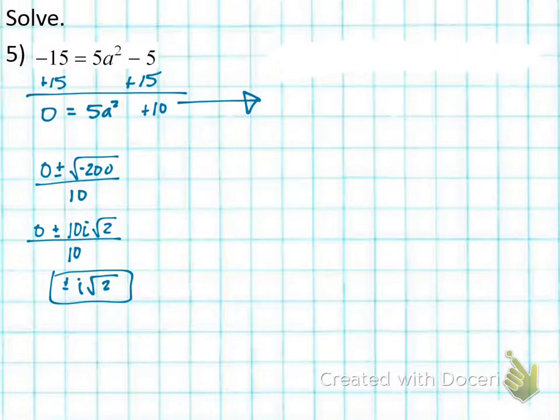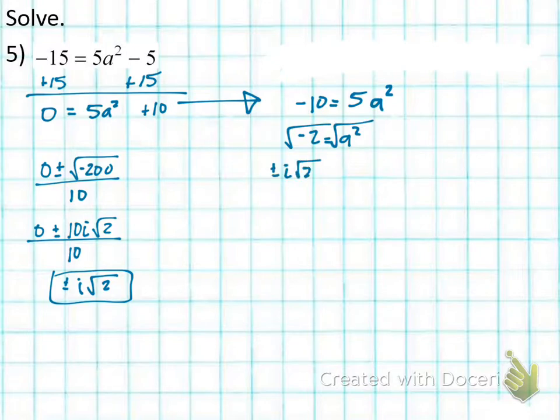So I would subtract 10, so it's going to be negative 10 is equal to 5a squared. Divide by 5, so it's going to be negative 2 is equal to a squared. Take the square root of both sides. So it's going to be plus or minus I rad 2 is equal to a. So a is equal to plus or minus I rad 2.